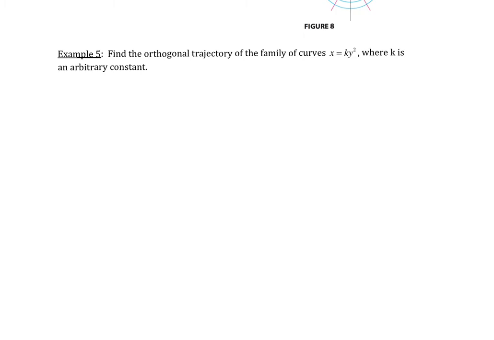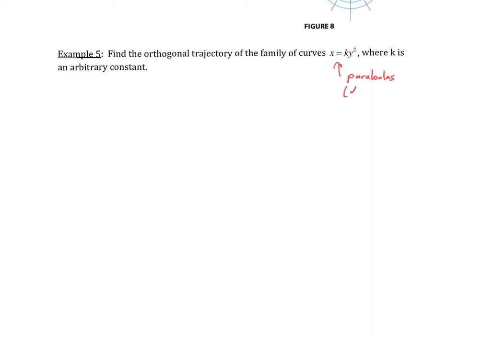We have a family of curves: x equal to k times y squared. We want to find the orthogonal trajectory of this family of curves. These are basically parabolas, but not parabolas that open upwards or downwards.